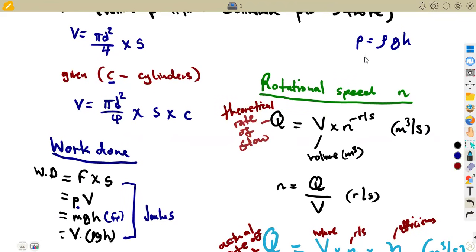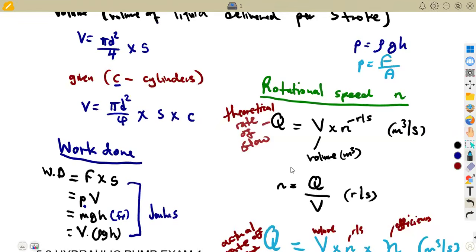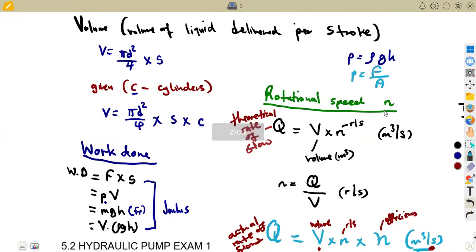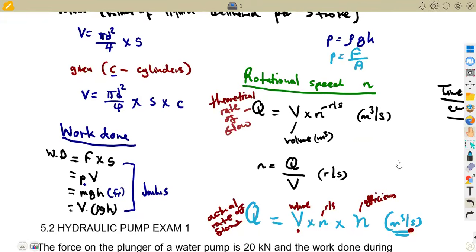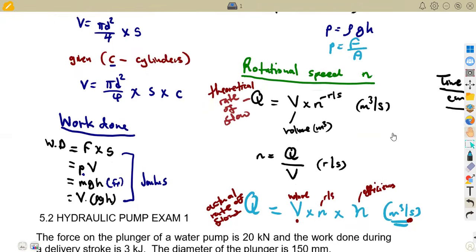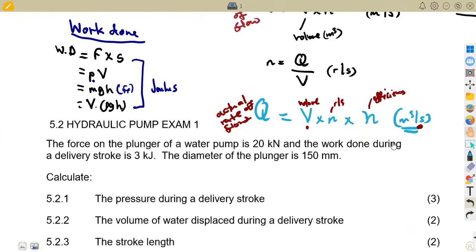Also, pressure is equal to the force over the area. All those formulas are not changing. It's part of hydraulics. Only that there are some effective formulas that are to be extended depending on the type of question. Are you dealing with a pump or a hydraulic press? But they are universal formulas which do not change for any part.